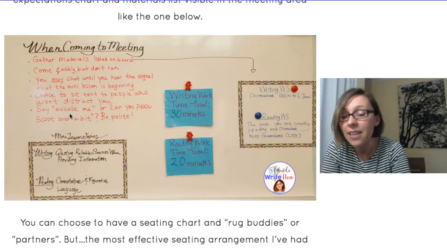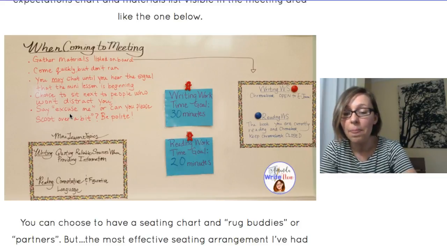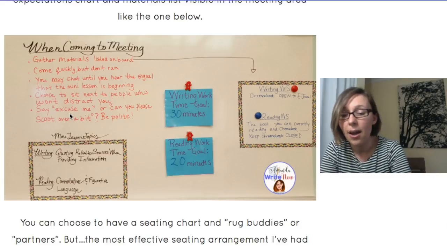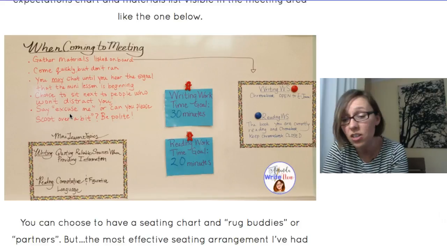You put the kids that have a hard time focusing in front and center of you. But I actually let my students pick where they get to sit, because it's only 5 or 10 minutes they're sitting there, and it varies who they sit next to. So every day they may be sitting next to their friend, which is okay because they're more likely to actually have a good discussion with their friend.